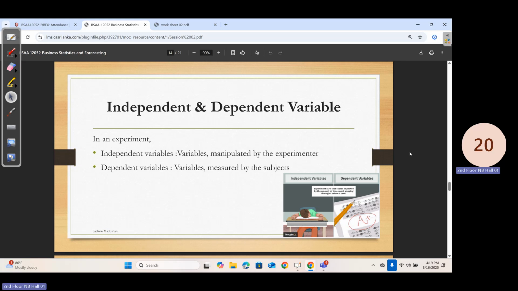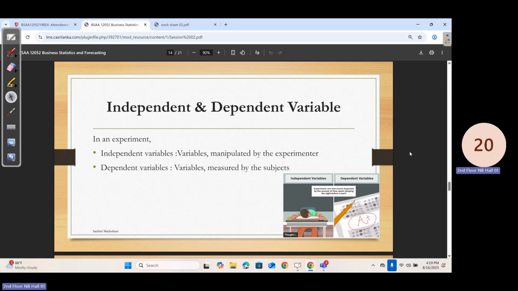Okay, then the objective is to find the relationship or impact. Then here we need to identify which one is independent, which one is dependent. It's clear? Then independent variable means this variable does not depend on the other variable.